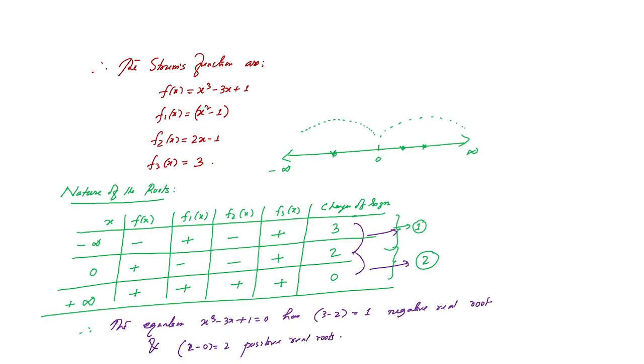So the number of real roots is 3. Among them, 1 is a negative real root and 2 are positive real roots. So we conclude, thus the given equation has 3 real roots. That means all roots are real, 1 negative and 2 positive. So this is our answer for the nature of roots.